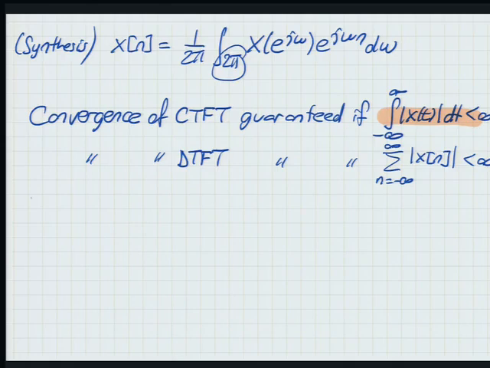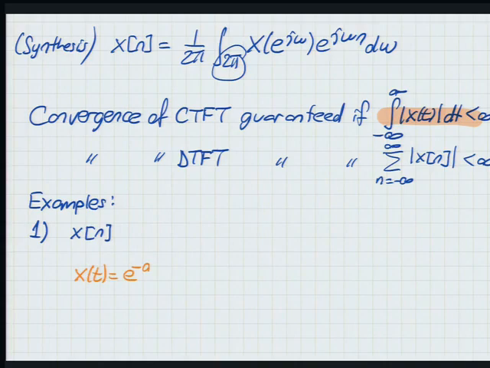Okay, let's look at examples. So the first example is an exponential function, x of n. So this is going to mimic sort of this example from CTFT. Remember, we had e to the negative a t, u of t. A was positive, so this is a nicely convergent thing, and this condition of absolute integrability works, right? Because an exponentially decaying thing will be absolutely integrable, right?